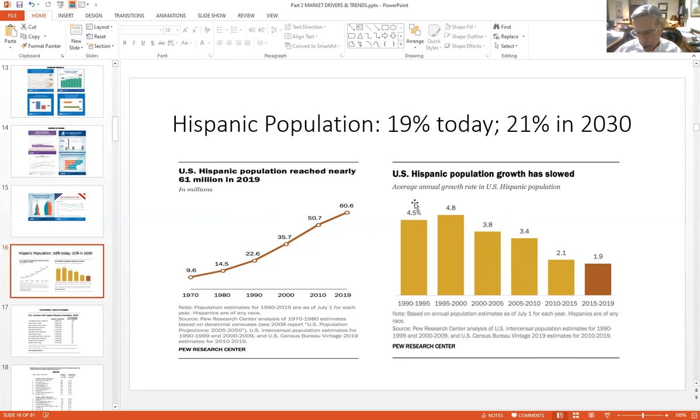Now, the growth rates of that population segment are on the right side, and you can see that they've declined pretty significantly since 2010, and the current administration, the Trump administration, as you probably know, has worked hard to limit illegal immigration and to control immigration.